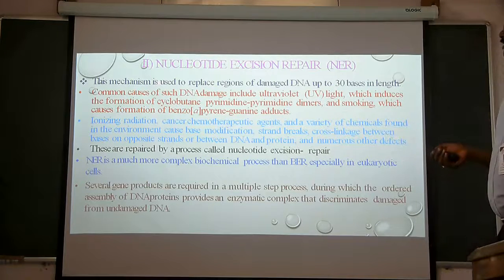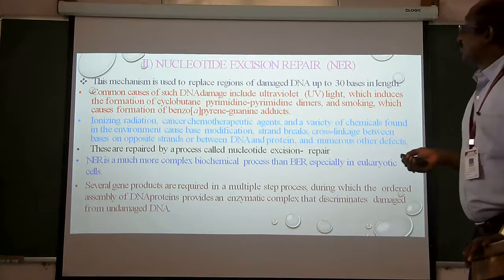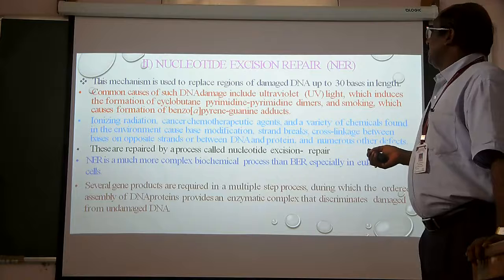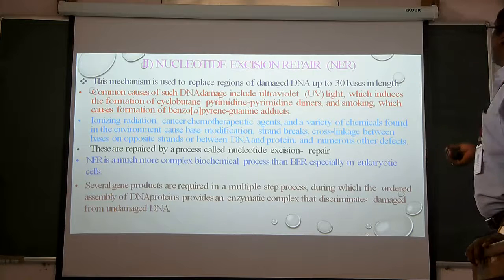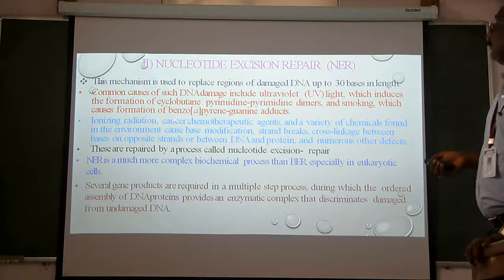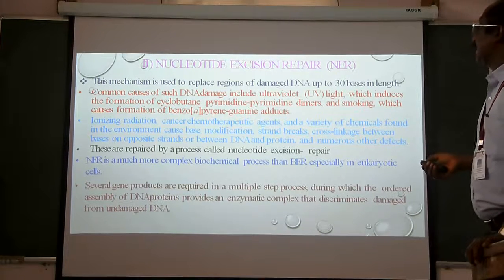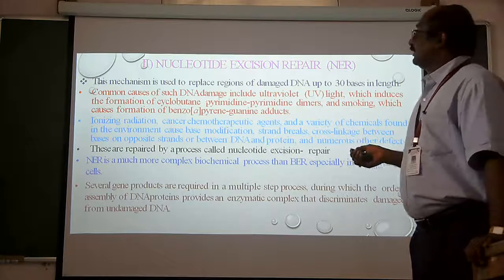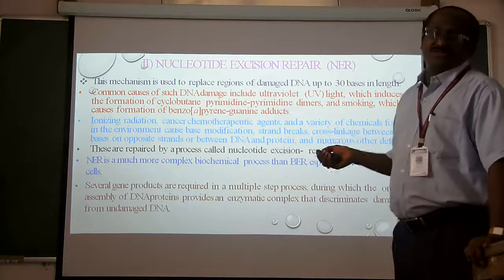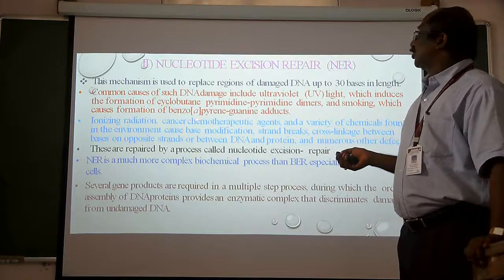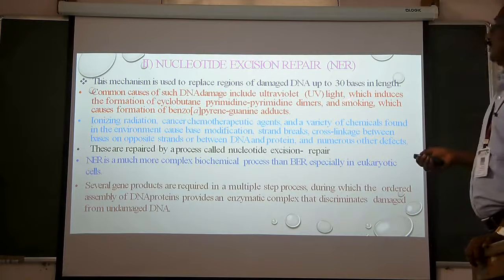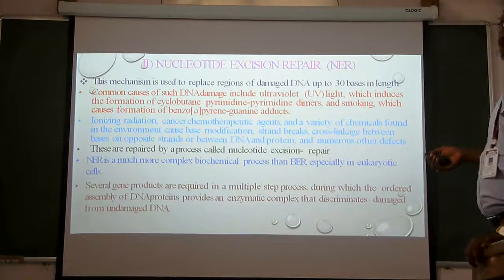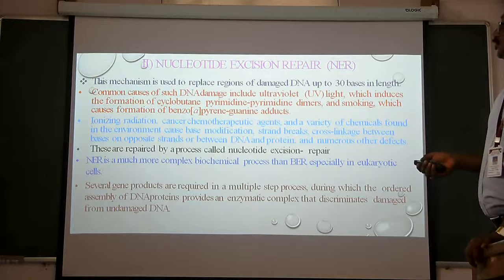Common causes of DNA damage include ultraviolet light, which induces the formation of cyclobutane pyrimidine dimers, and smoke, which causes benzo[a]pyrene guanine adducts. These are the damage-causing agents.